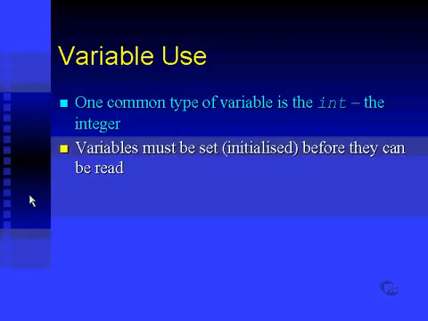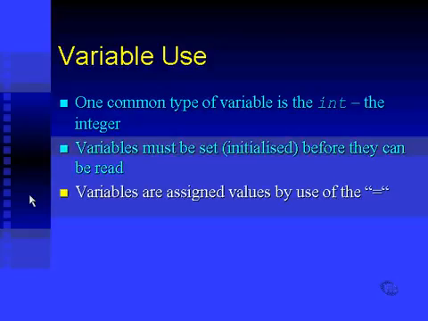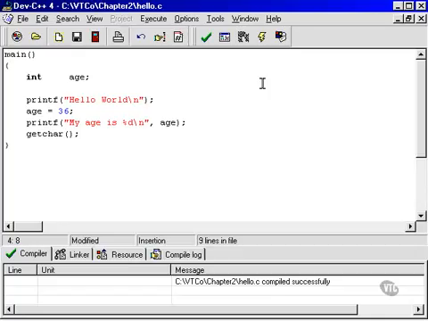The next rule of variable use is that variables are assigned values by use of the equals sign. Let's have a look at that. Okay, here is the equals sign, right here. And so we are putting the value into the box by use of the equals sign. We can do that again. Let's do some copying and pasting. And I'll prove to you that variables can actually vary.